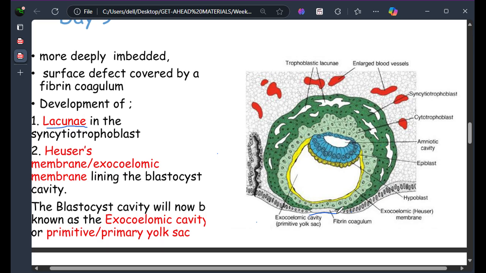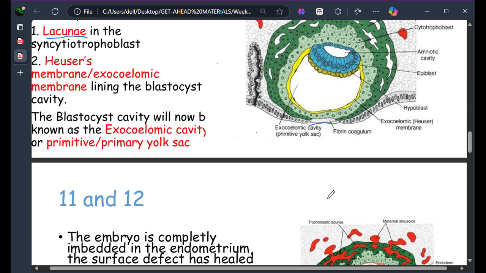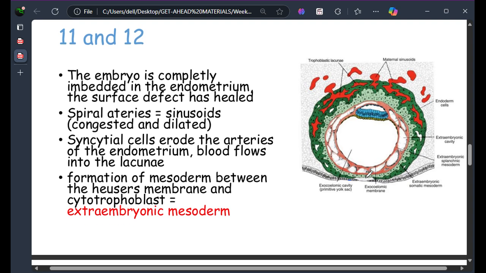It's just normal wound healing, because at this point it's like a lesion on the maternal endometrium, so fibrin tries to cover up where it invaded. By days 11 and 12, it's almost healed.